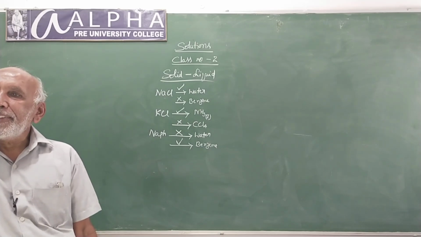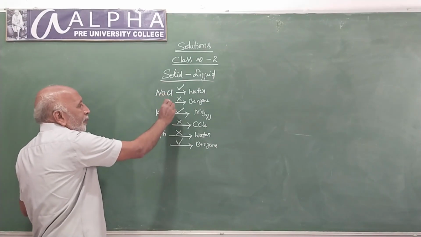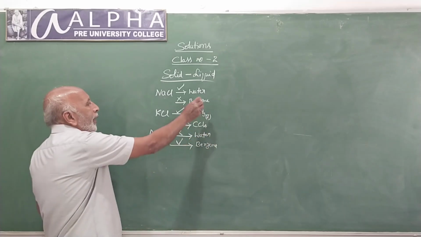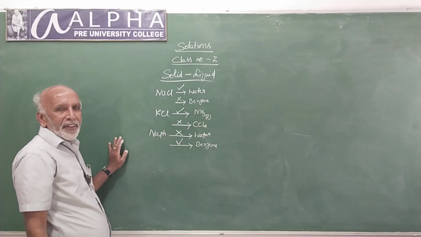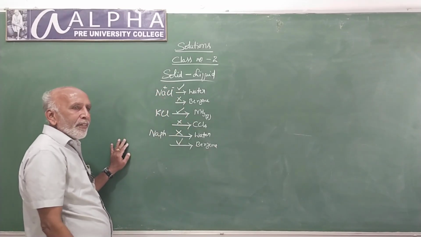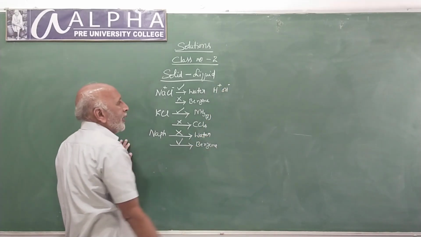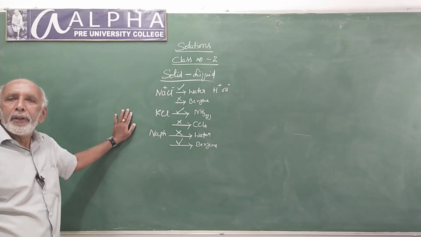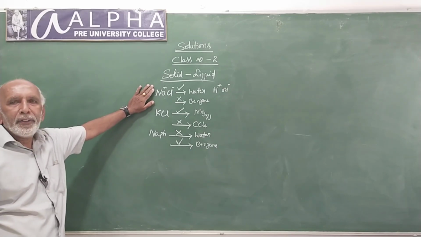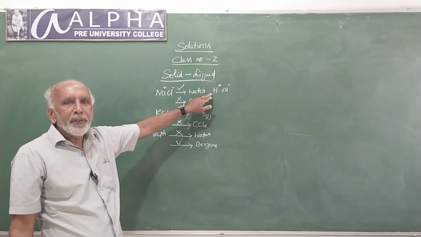Here, one interesting thing is that sodium chloride is an ionic compound, you can say polar compound. Water is a polar solvent. Sodium chloride carries charges, plus and minus. Water also carries charges, H plus, OH minus. So it is a polar solute and a polar solvent.